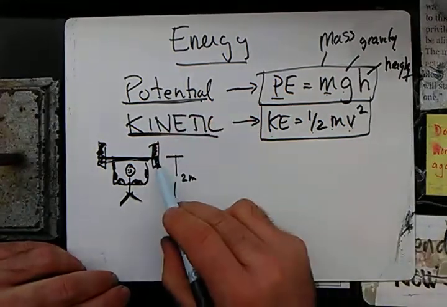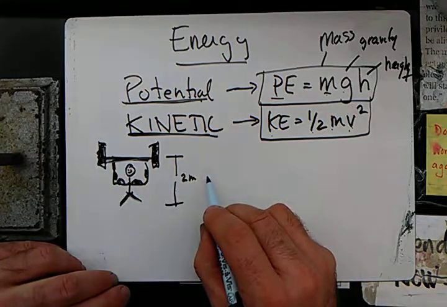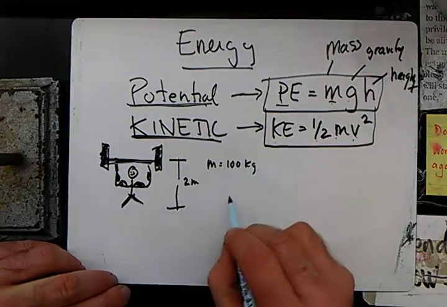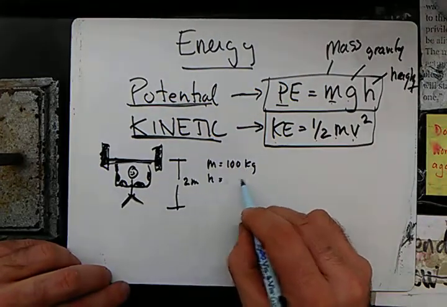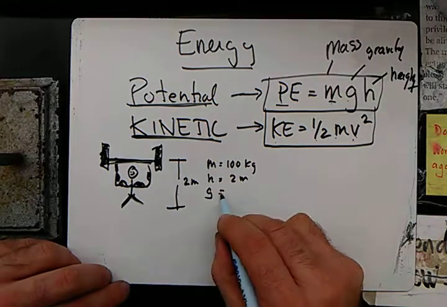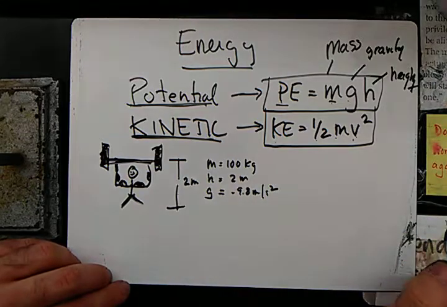The person's not really moving; he just lifted this thing up. We'll say the mass of the barbell is 100 kilograms, the height is 2 meters, and we know gravity is 9.8 meters per second squared.